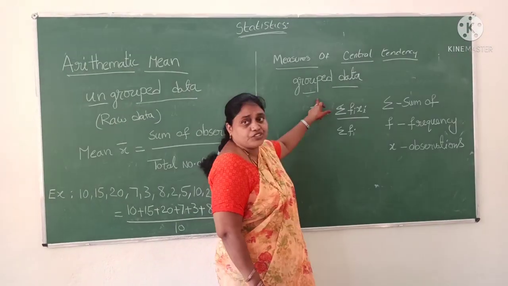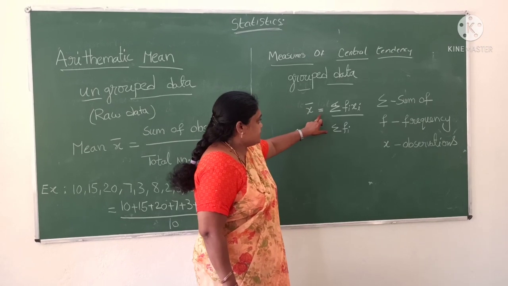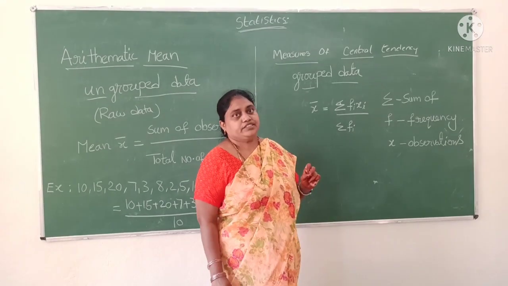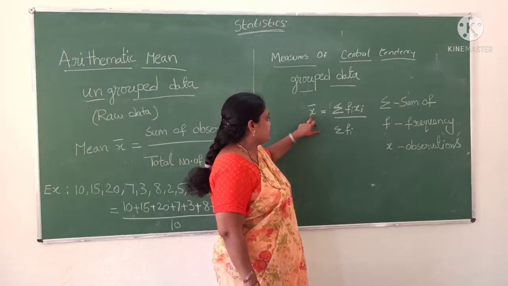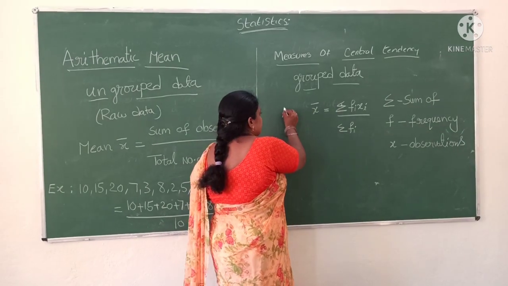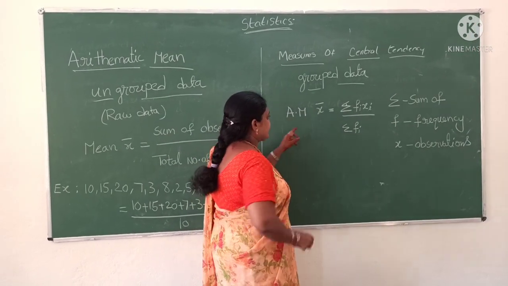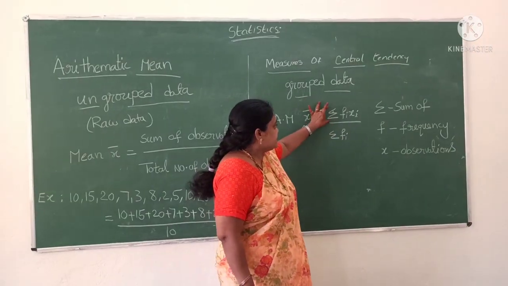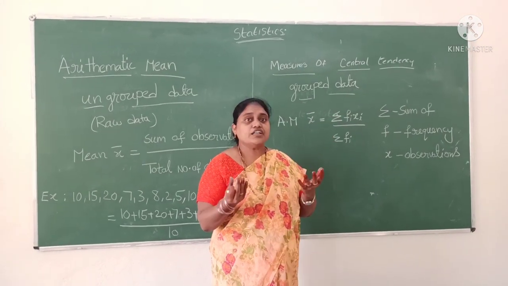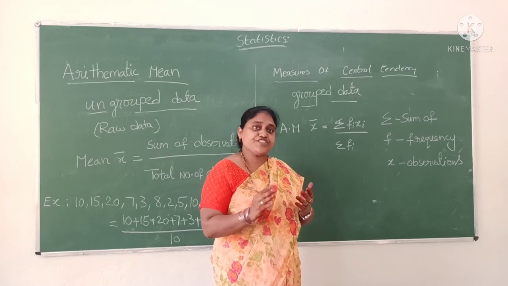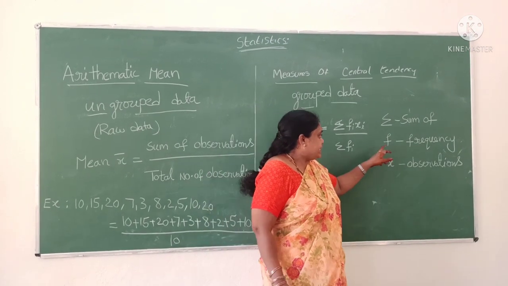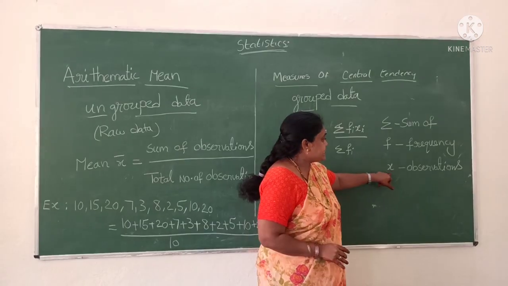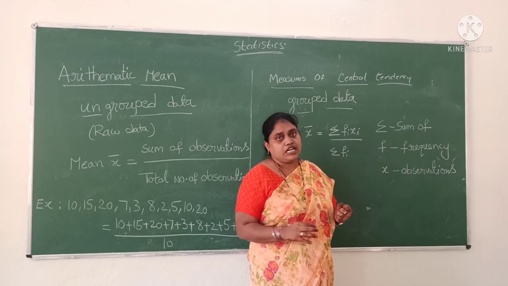The formula for grouped data is x bar is equal to sigma fi xi by sigma fi. Here x bar is the arithmetic mean, sigma means the sum of all observations, f means the frequency of that data, and x is the observations.